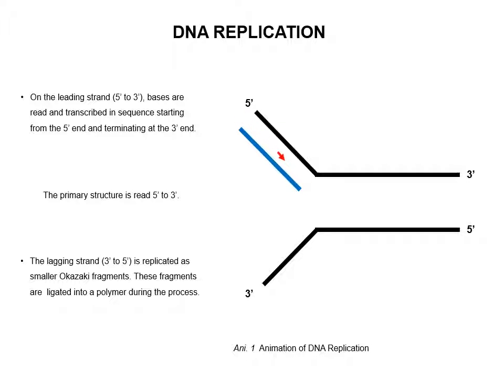Because the antiparallel or lagging strand is in the 3' to 5' direction and cannot be replicated in the 5' to 3' direction, it is replicated in shorter sequences referred to as Okazaki fragments, which are then ligated as they are replicated into a longer polymer that forms the leading strand of the new chromosome. As a result, the two strands produced by DNA replication are identical to their template strands.